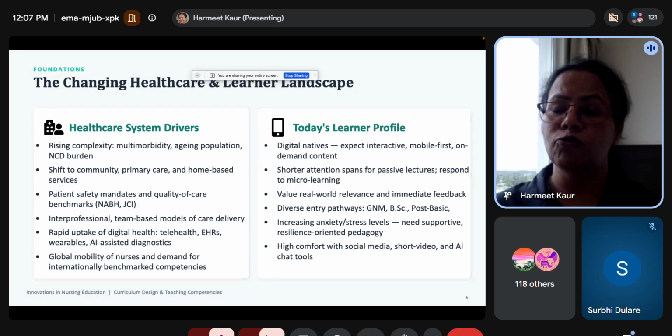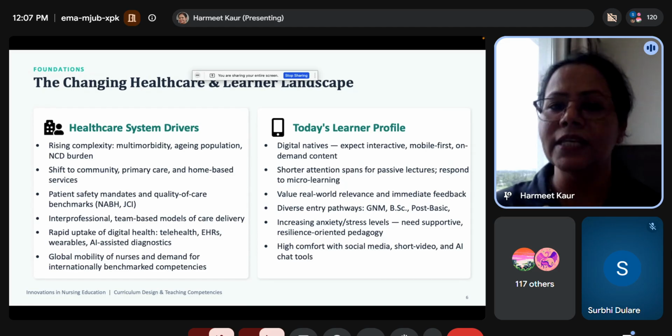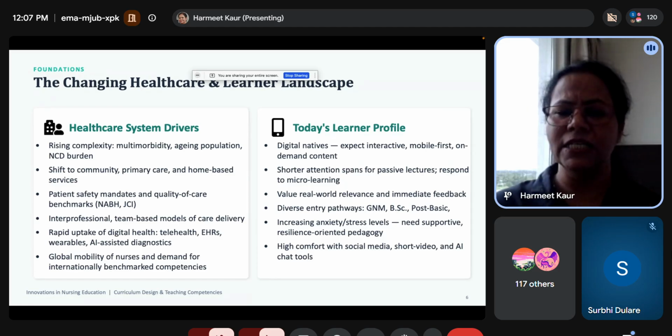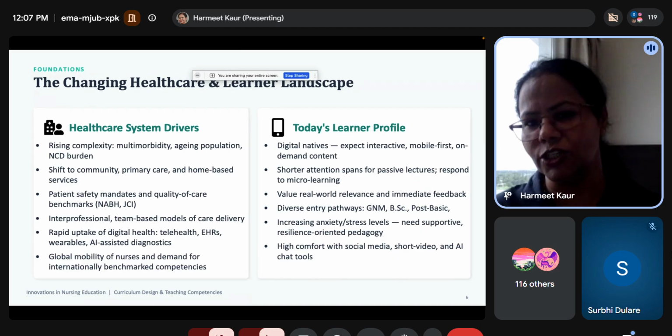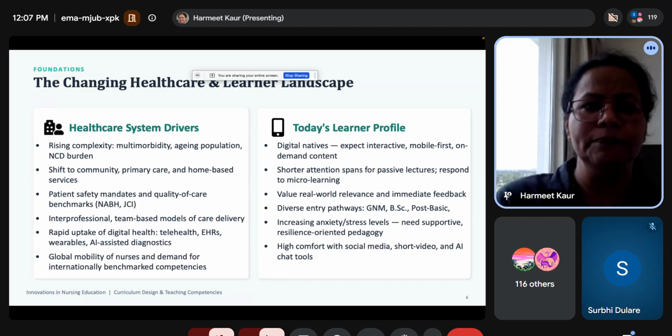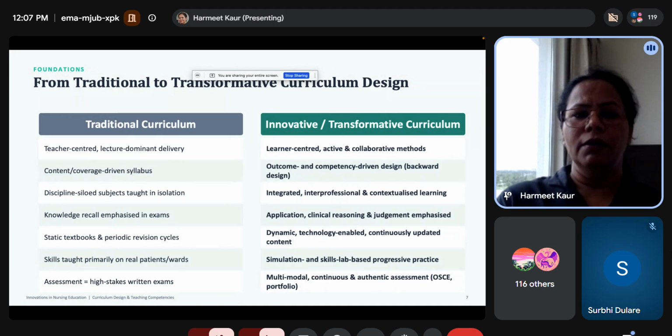If you involve some AI in your lectures, they will definitely like that and be more engaged. So because of this changing healthcare and learners landscape, we need to prepare ourselves for innovation and creativity, right?